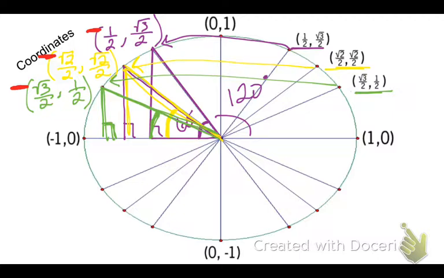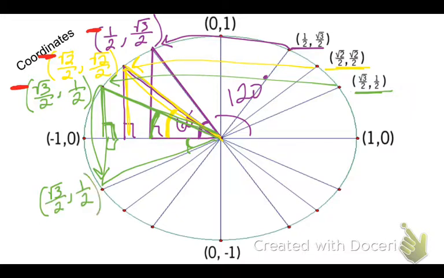For example, if I reflect the point negative square root of 3 over 2, comma, 1/2 across the x-axis, it creates this triangle here, which is a right triangle and has similar coordinates, square root of 3 over 2, comma, 1/2. The only thing you've got to pay attention to is the fact that we are in the third quadrant, so both my x and y are negative.